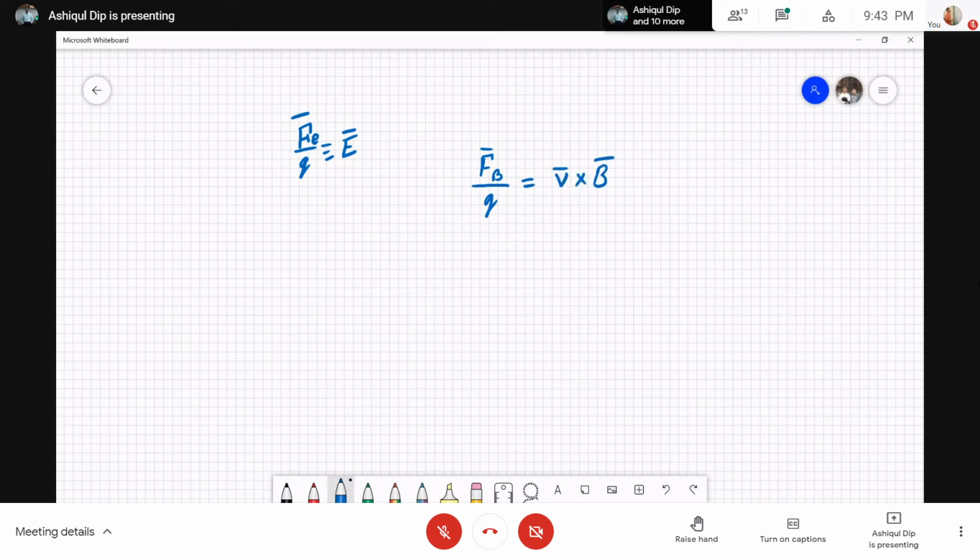That's how we define our magnetic field. These two things constitute the total electromagnetic force. So the total electromagnetic force by definition, with the definition of electric field and magnetic field, is QE plus Q V cross B.